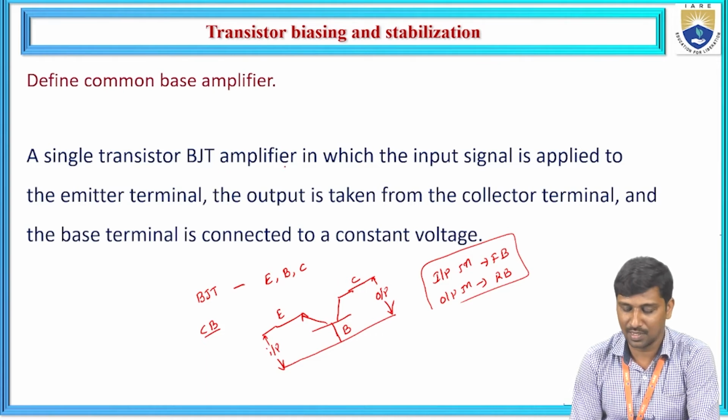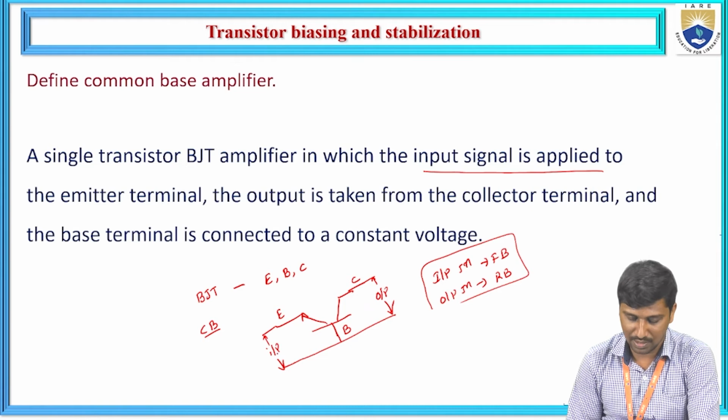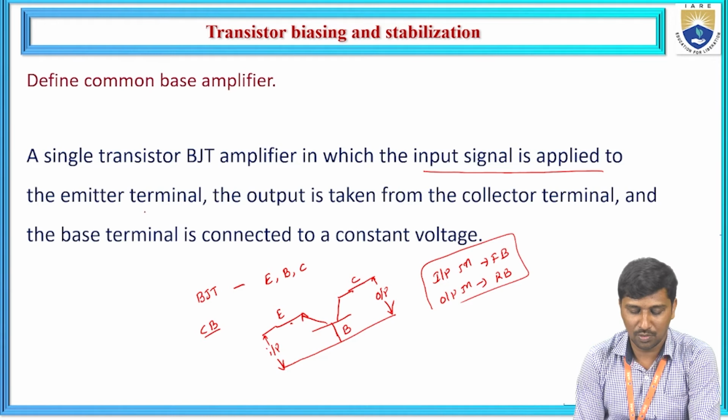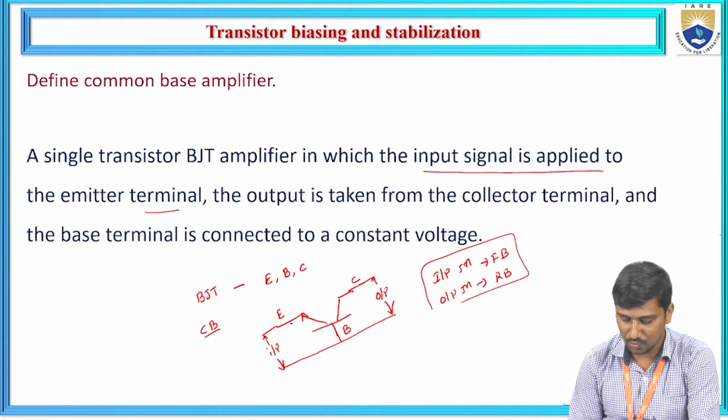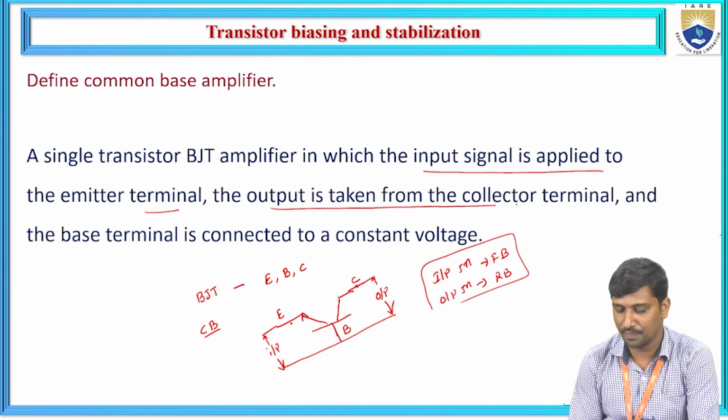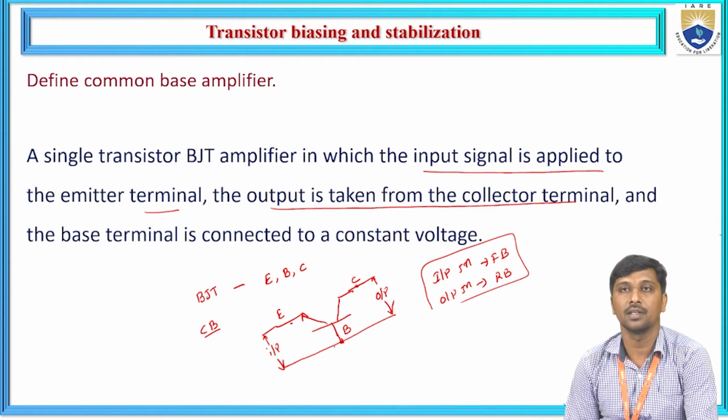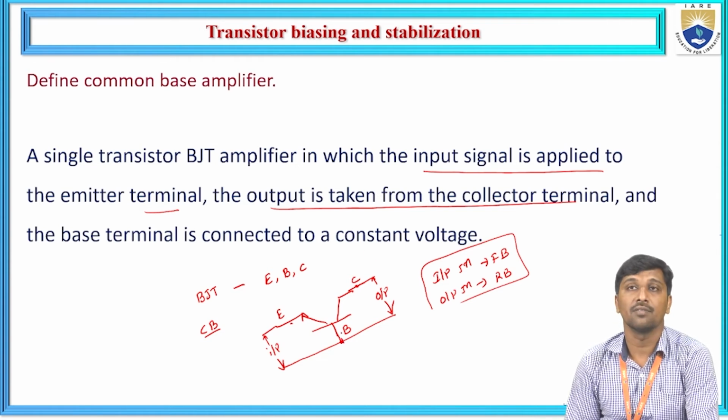A single transistor BJT amplifier in which the input signal is applied to the emitter terminal, and the output is taken from the collector terminal. The base terminal is connected to a constant voltage, either lower potential or higher potential. It should be common for the input side as well as the output side.